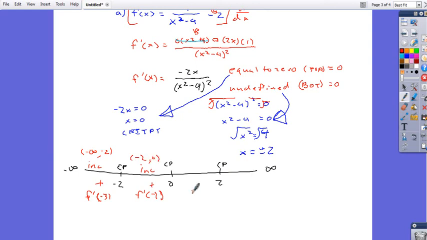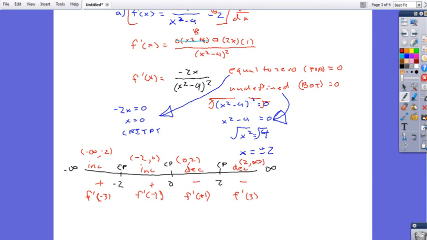And then f prime of positive 1. Positive and negative make a negative, so now we're decreasing on 0 to 2. And then f prime of 3 is still negative, still decreasing on the interval 2 to infinity.